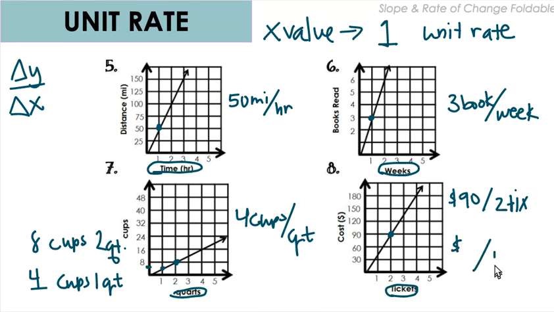How many dollars for 1 ticket? Well, cut 2 in half and I get 1. Cut 90 in half and you get your answer. So again, be very careful. If you can't tell the unit rate from the graph, go find out where you can tell and then make the conversion.